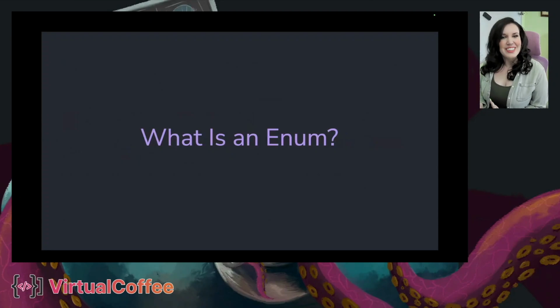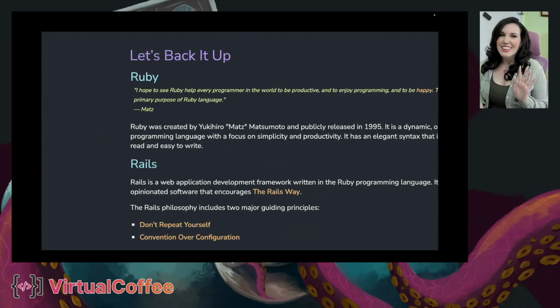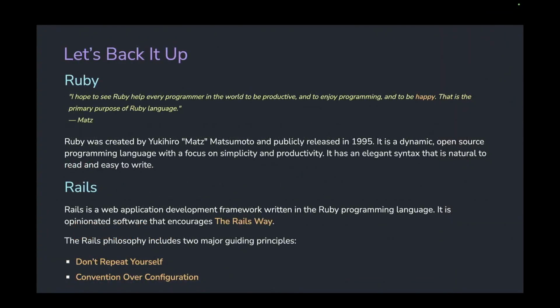So what is an enum? Let's back it up first. Some of you may not know what Ruby or Rails is, and you need to know that. Ruby was created by Yukihiro Matsumoto. He goes by Matz, and it was created in 1995.